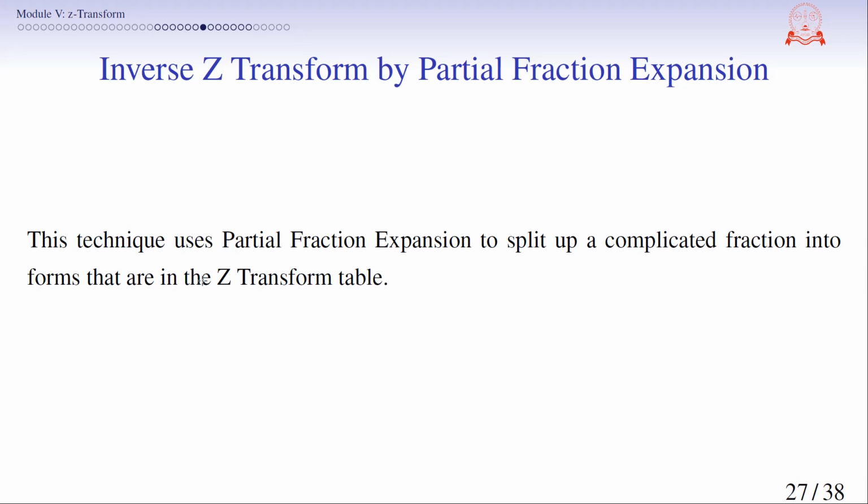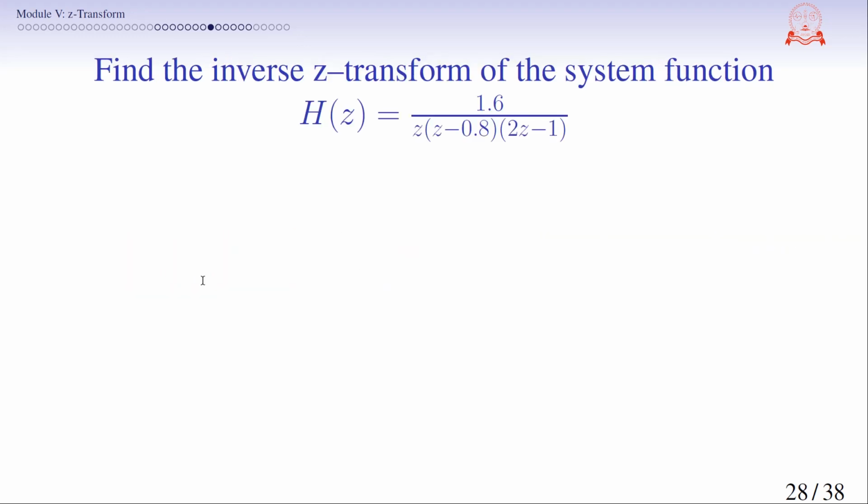That is, in this method, after expanding the given Z transform expression into partial fractions, we use the listed transform pairs and transform properties to find the corresponding time domain expression.